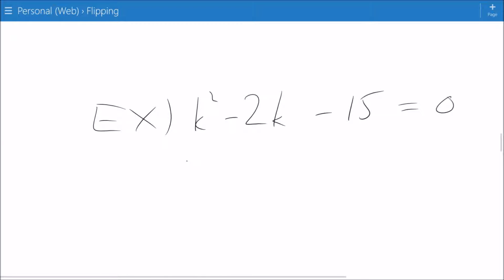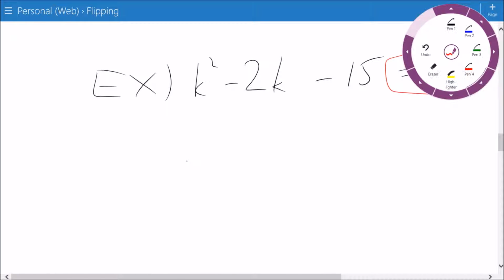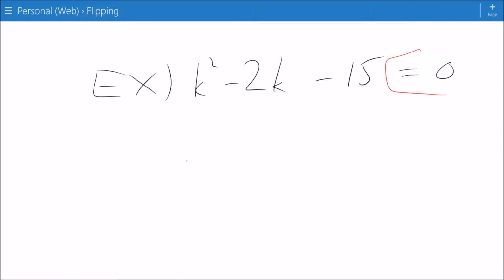Let's see how one of these works, and it will be a little bit more clear. So, for example, I've got k squared minus 2k minus 15. I'm just going to ignore this equals 0 for right now, but hey, get used to it because we see that a lot. So, I want to start out by making my cross, and remember your b goes on top.